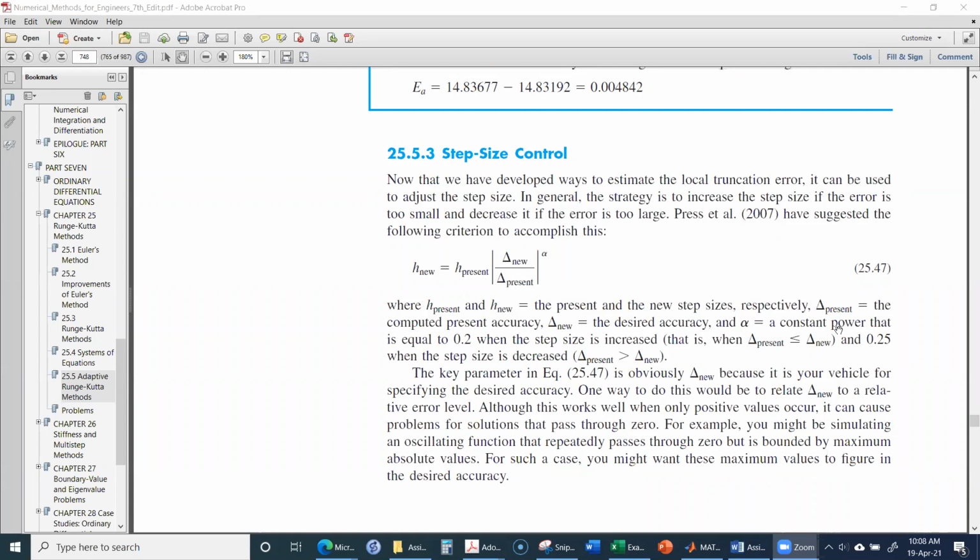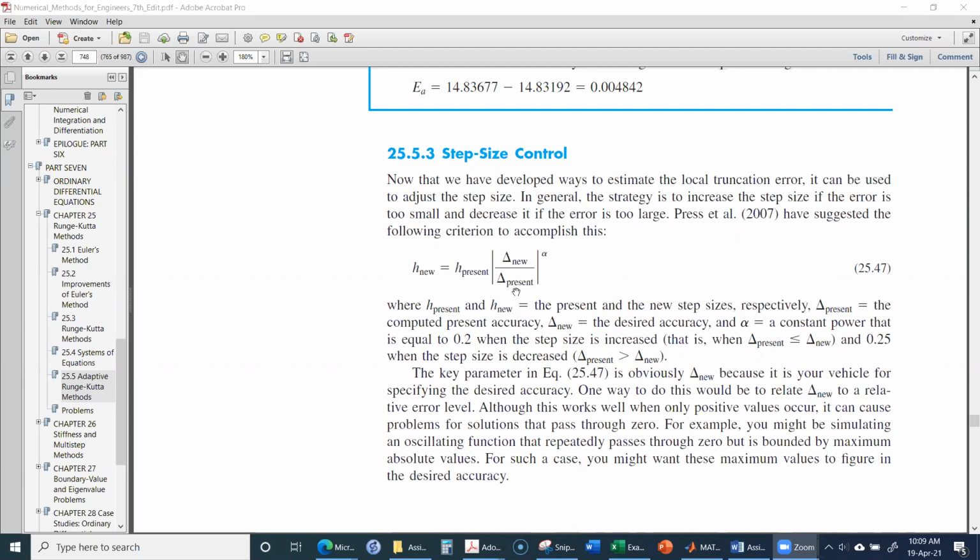If delta present is less than or equal to delta new, that means our current error is less than the desired error, and we will use alpha equal to 0.2.